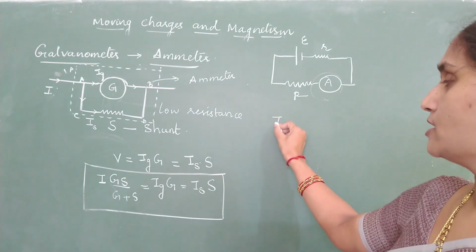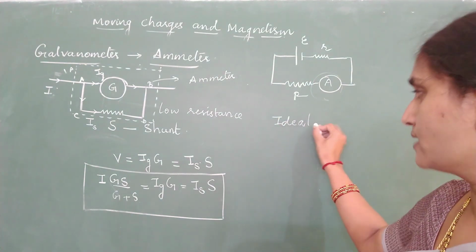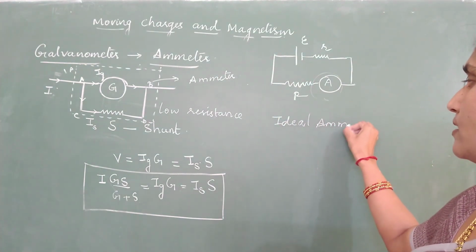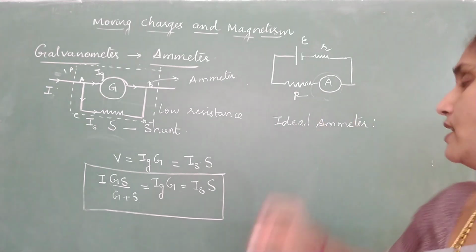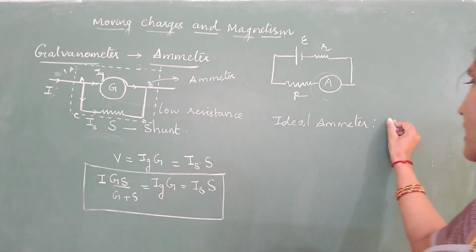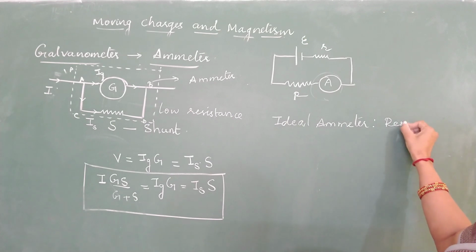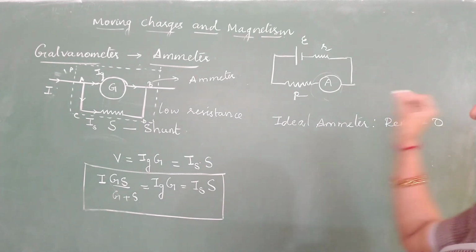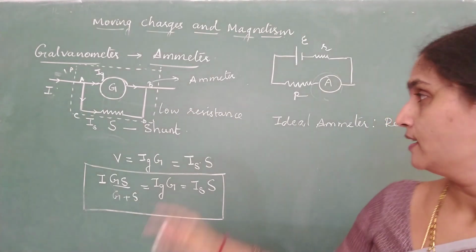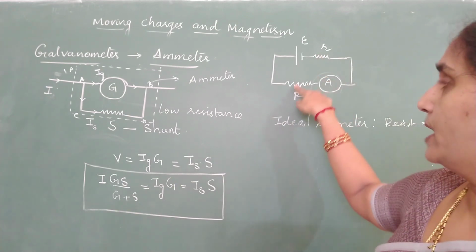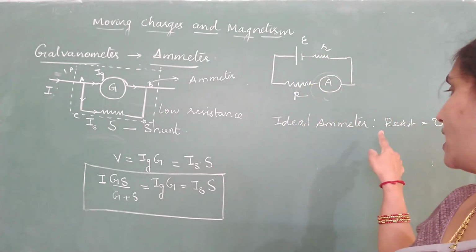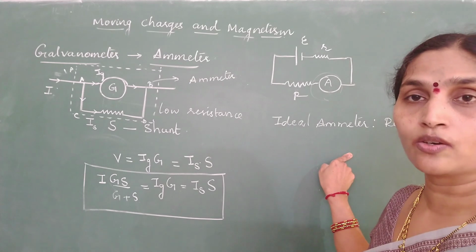For an ideal ammeter, ideal things do not exist, but if your ammeter is ideal, its total resistance will be 0. Practically it is not exactly possible. It can have a very low value compared to R plus r. But ideal ammeters will have 0 resistance.